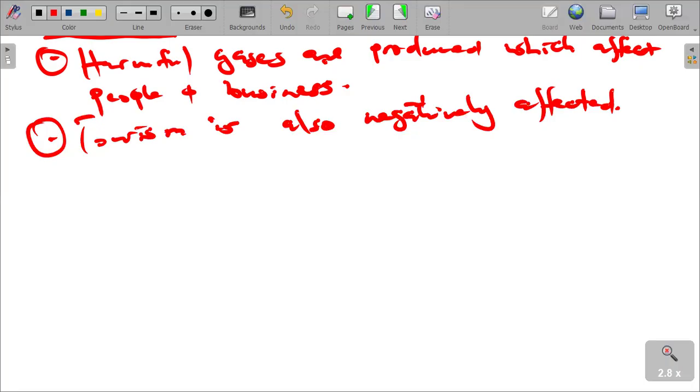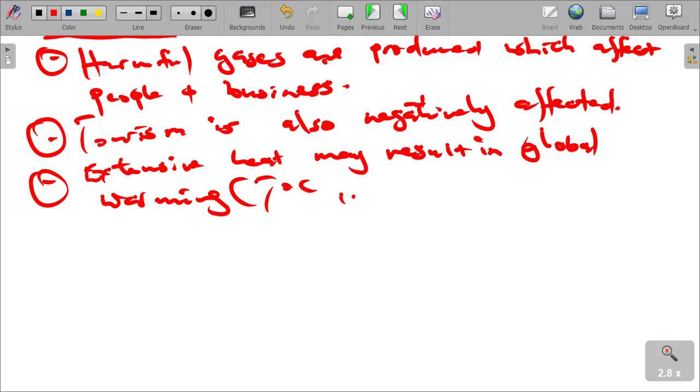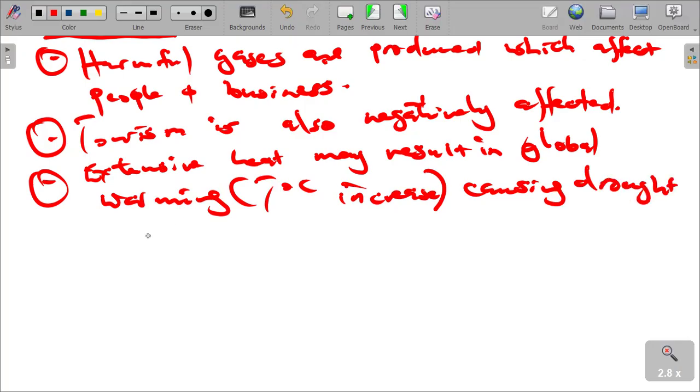Global warming is caused by extensive heat, with temperatures increasing, causing drought and resulting in desertification.